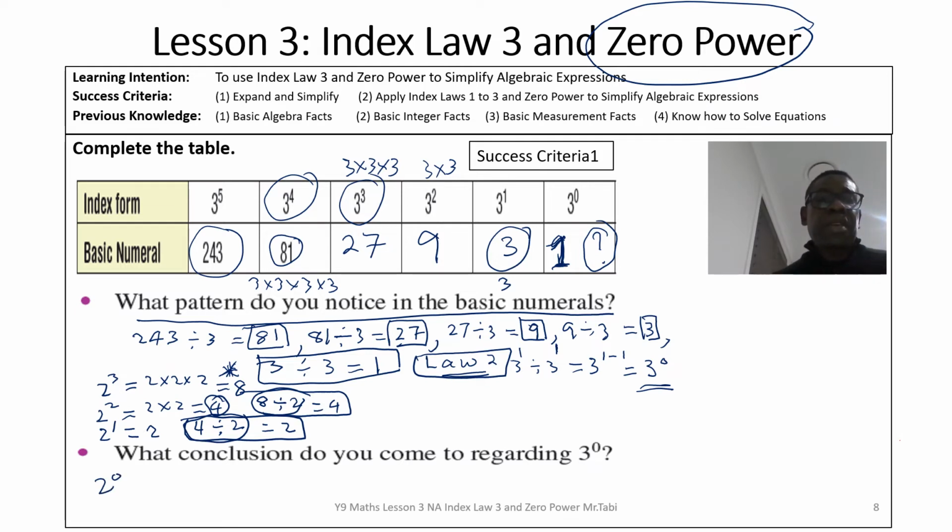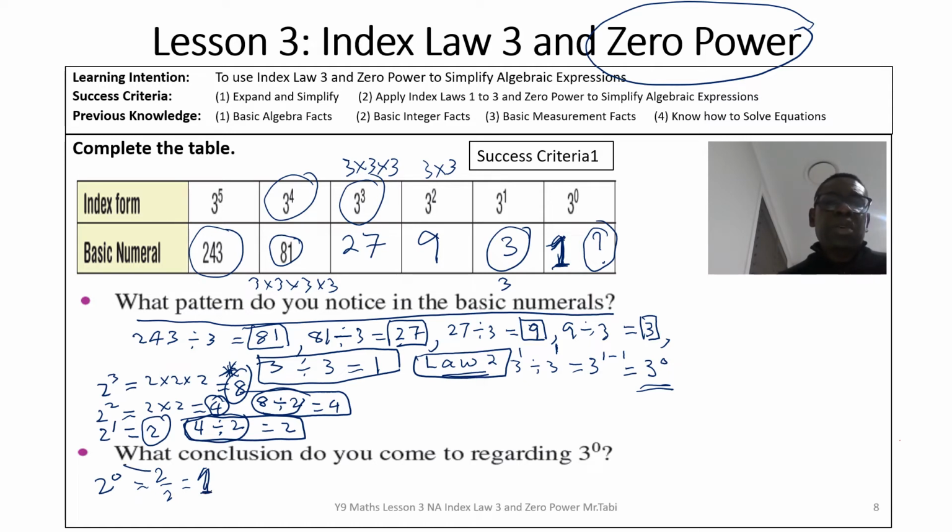Again, if you follow the trend that it was 8, 4, 2, from 8 you divided by 2 to get 4, 4 you divided by 2 to get 2. So from this to that, you divide by 2, which is simply 2 divided by 2, which is equal to 1.